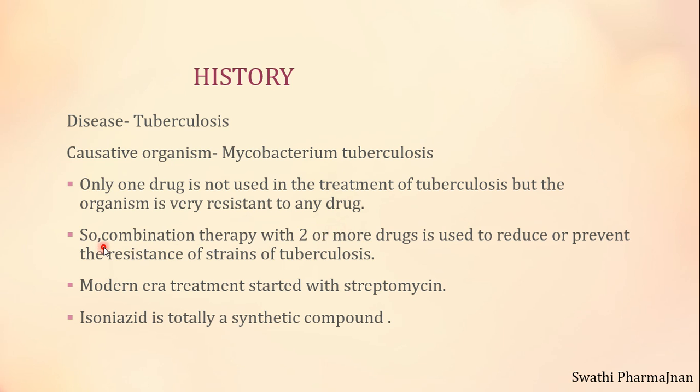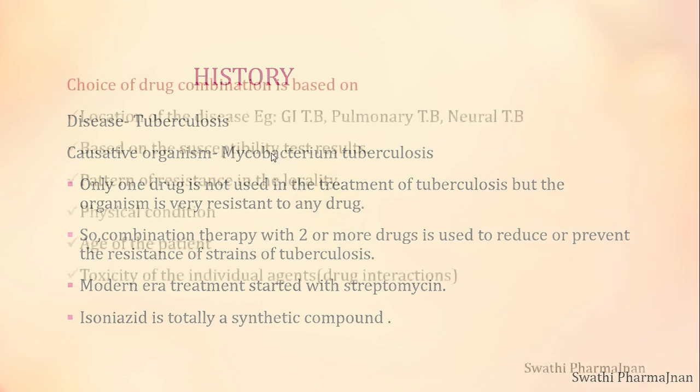That's why they have started using combination therapy with 2 or more drugs to reduce or prevent the resistance of strains of tuberculosis. Modern era treatment started with streptomycin, which is an antibiotic. Isoniazid is totally a synthetic compound. So all these are the history regarding tuberculosis.